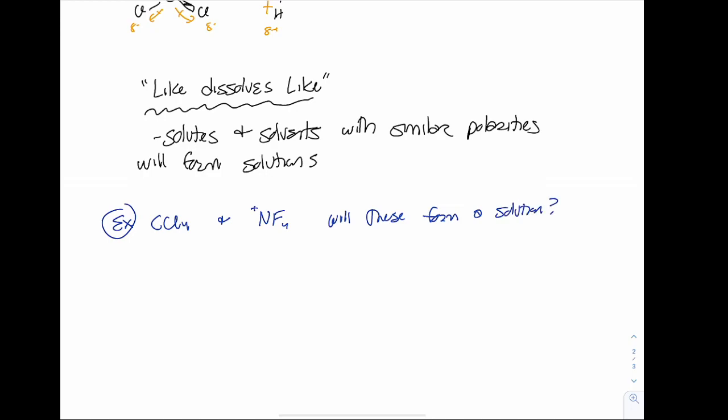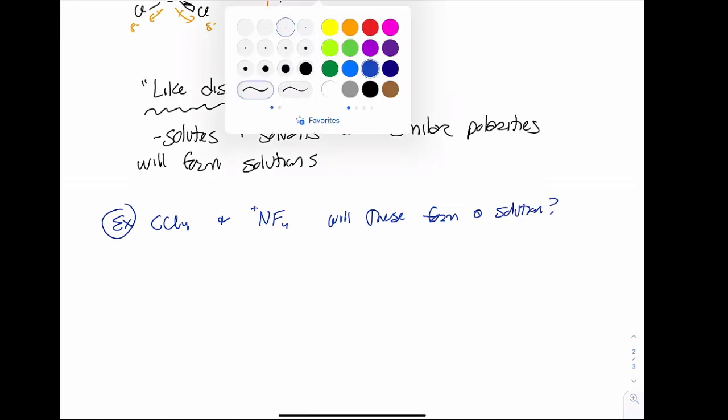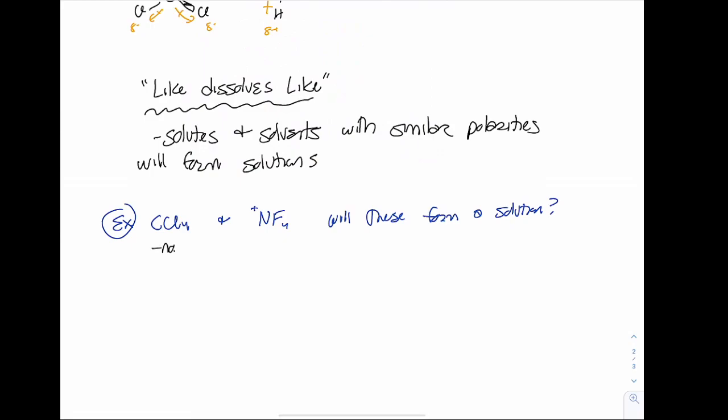We already said that carbon tetrachloride was nonpolar. So our question, what is nitrogen tetrafluoride? And if you were to draw out the Lewis structure for this one, you would have nitrogen in the middle, 4 bonds to fluorine. Each of those fluorines have 3 lone pairs.